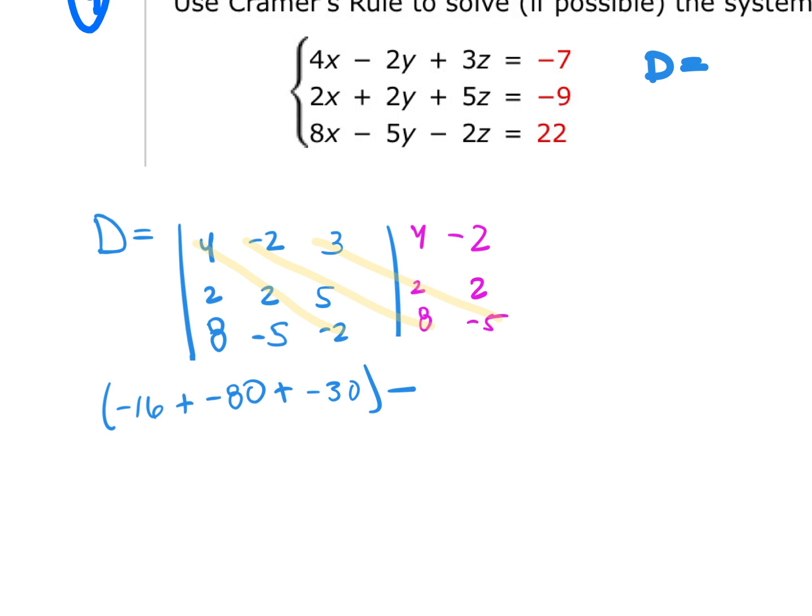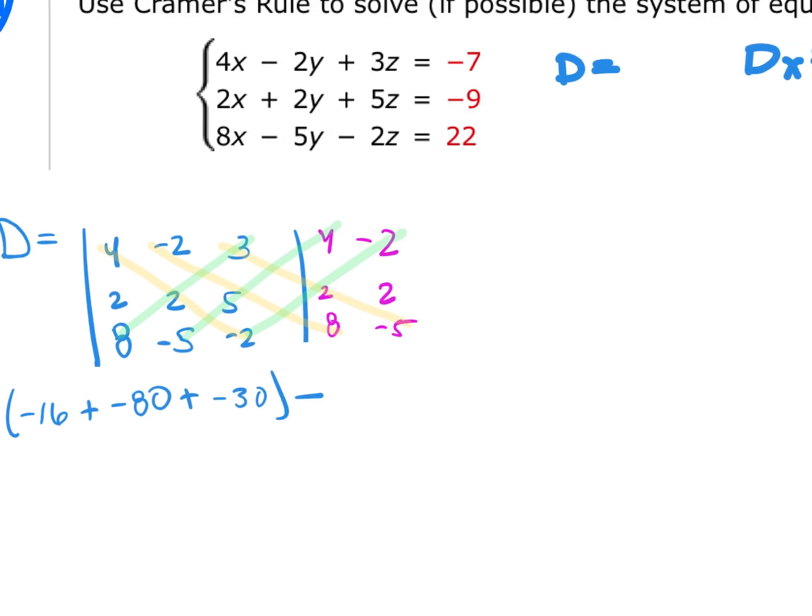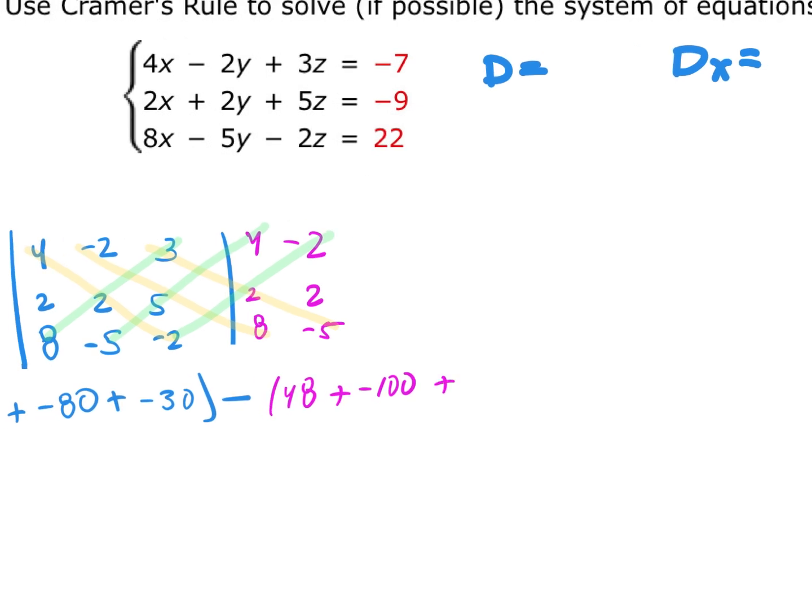Then I have a minus sign, and I'm going to take my 3 little minors. So I have 8 times 2 times 3, so 8 times 6 is 48. Then I have 5 times 4 is 20, times negative 5 is going to give me plus negative 100. And then negative 2 times negative 2 is going to give me positive 8, so plus 8.